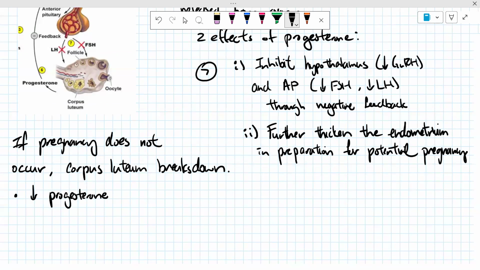Now, without progesterone, there are no more hormones sustaining the endometrium.